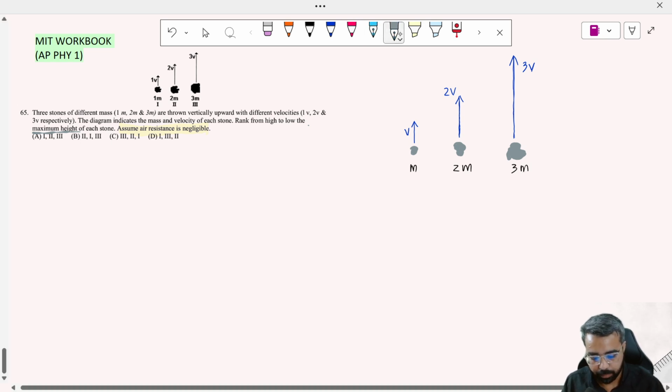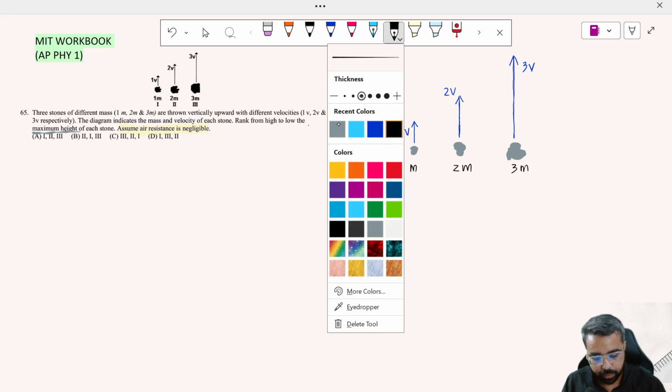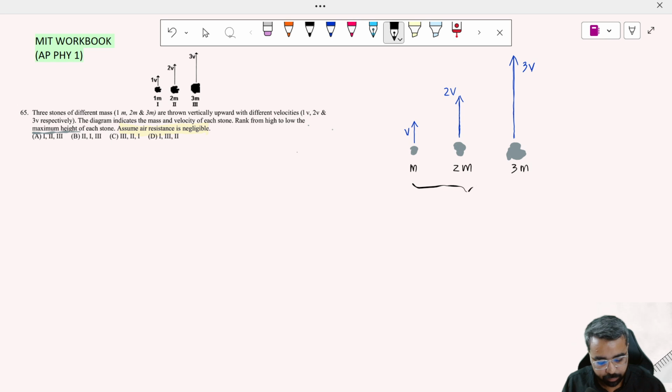The one thing common is that all of them are free fall motion. So you know very well that for this uniformly accelerated motion, we can apply kinematics equations because acceleration is constant.